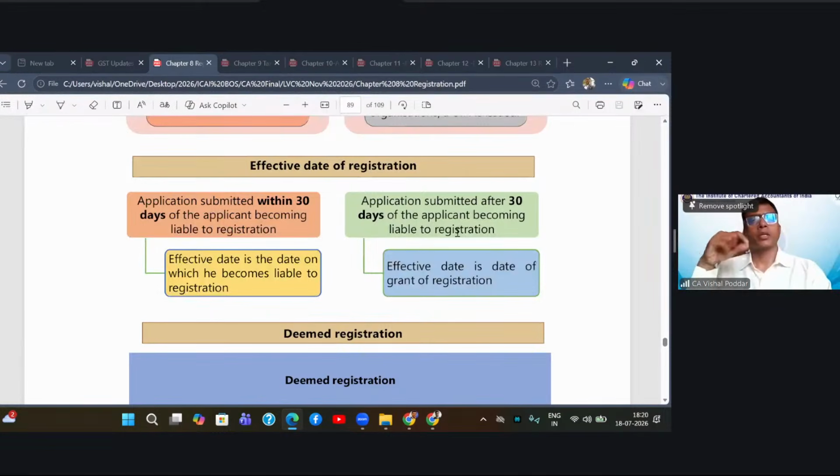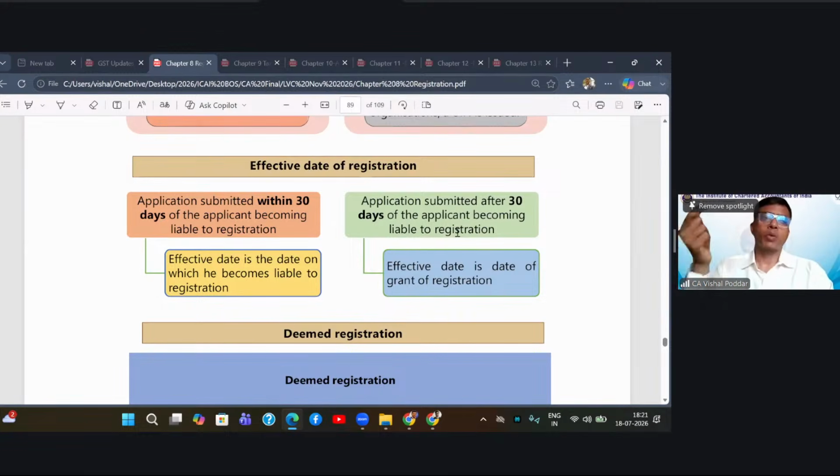Now, in such cases, since your application is late, whenever your registration is given, again, let us assume you are given registration by the department after completing all their formalities by 25th of September. In such cases, your effective date of registration will be 25th of September and not 18th of July. So that is the difference.